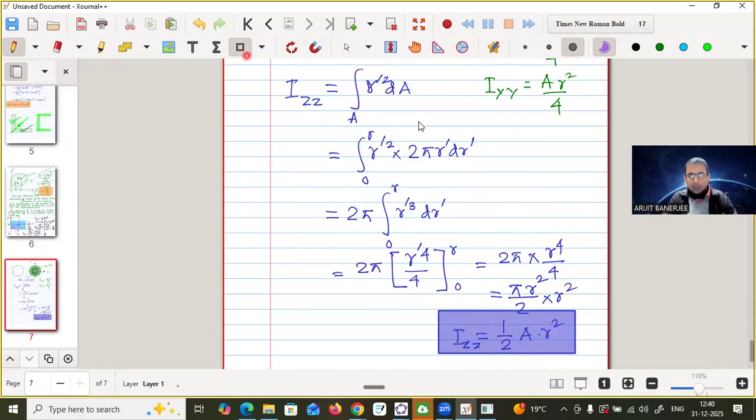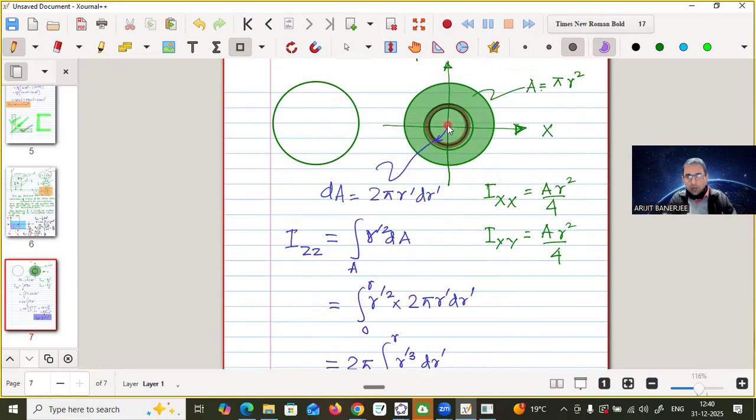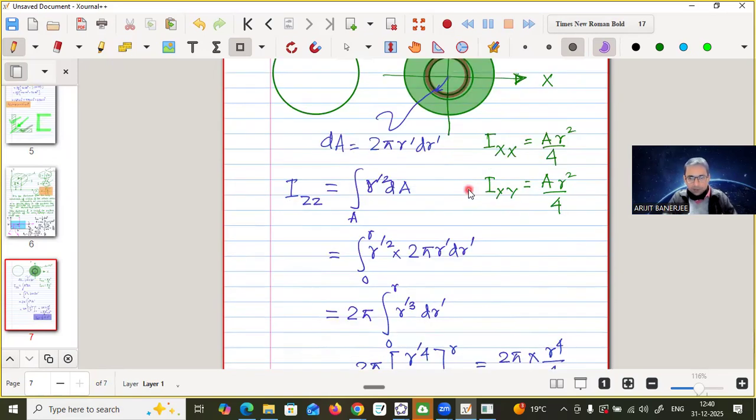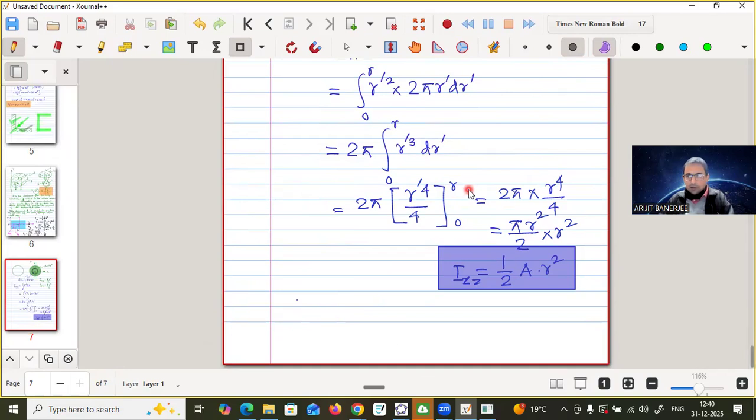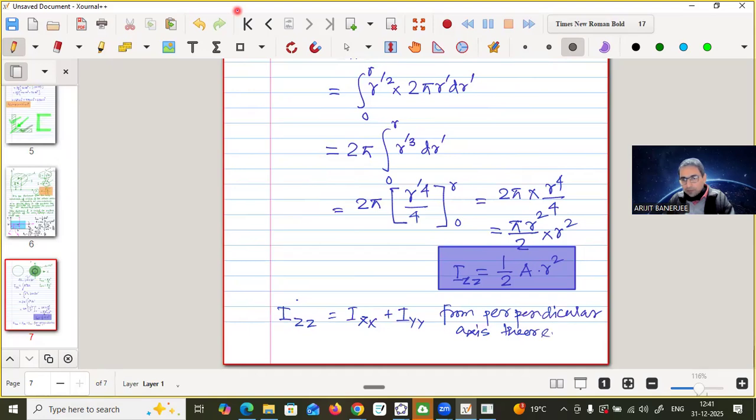Now we know that Izz is equal to Ixx plus Iyy from the perpendicular axis theorem. And Ixx and Iyy are the same because this is a symmetrical object.